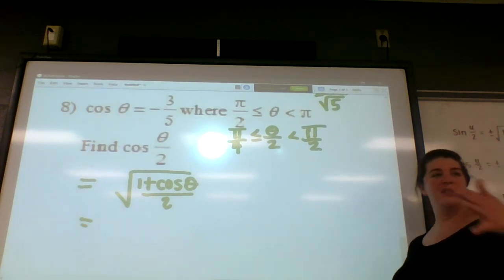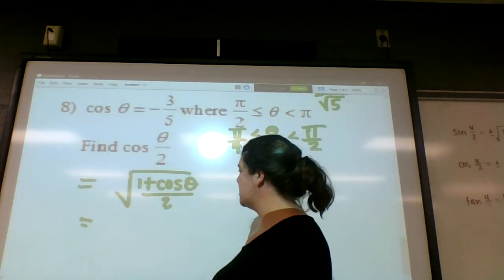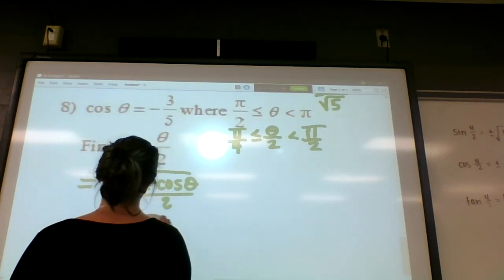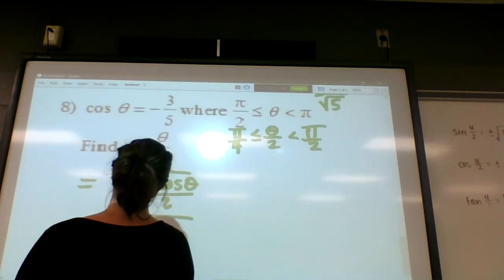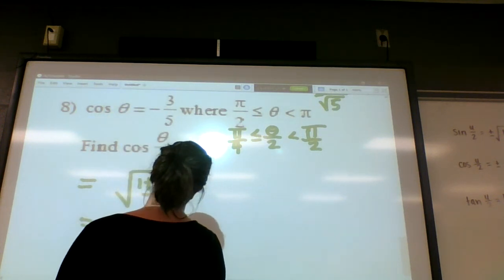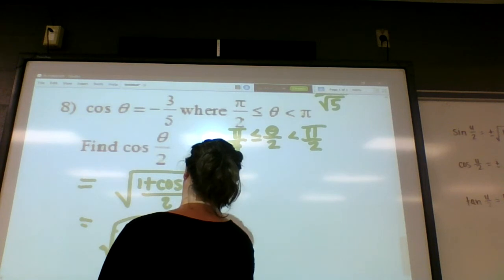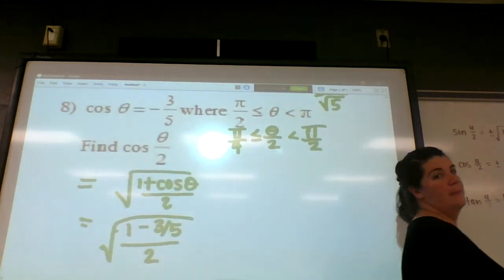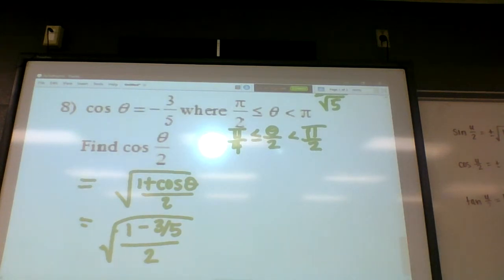So we don't have to make ourselves a triangle. We don't need to figure out any other sides. We're good to just go ahead and plug in that value. So 1, and that'd actually be a minus because it's a minus 3 over 5, all over 2. All right, and I'm going to let you try to simplify this guy. See how far you can get.